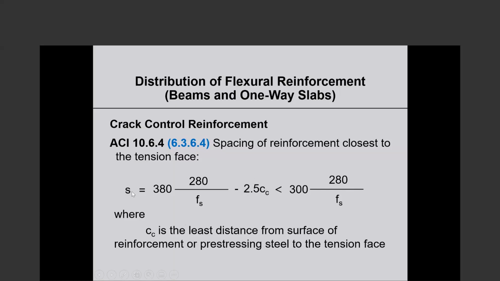Now this has to be less than that. So the spacing of reinforcement closest to the tension face shall not exceed this value, which must be less than that value. Okay, and you will see numbers. c sub c is the least distance from surface of reinforcement or prestressing steel.